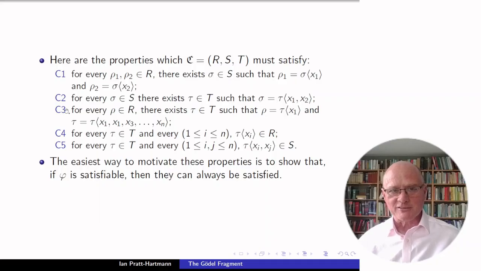So any 2 type in S can be extended to an n type in T. Third condition: for every 1 type rho in R, there exists an n type tau in T such that rho is the result of just looking at the first variable in tau, and moreover, tau is equal to tau with x2 replaced by x1: x1, x1, x3 up to xn.